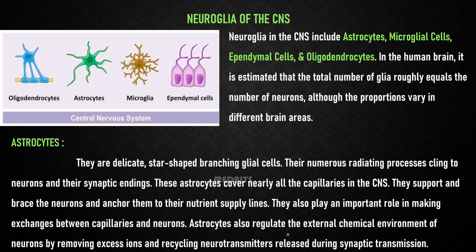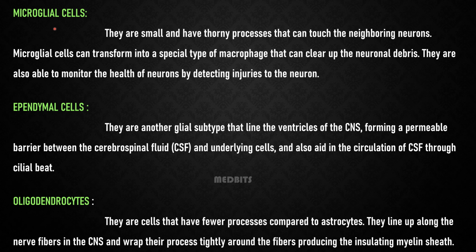Astrocytes also regulate the external chemical environment of neurons by removing excess ions and recycling neurotransmitters released during synaptic transmission. Okay, let's go with the next one. Microglial cells. They are small and have thorny processes.